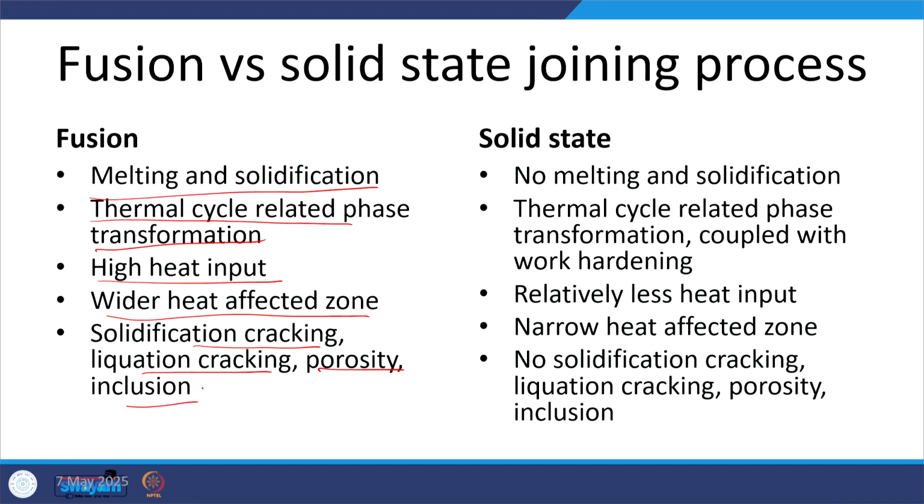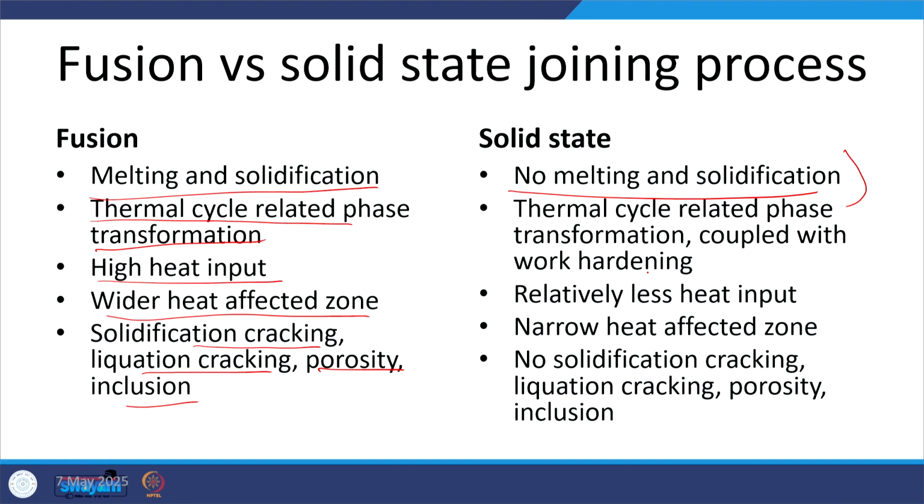On the other hand, in the solid state joining process, there is no melting and solidification, so we do not come across the issues related to them. Since the heat input during solid state joining is somewhat lesser, the weld thermal cycle and related issues are somewhat less.